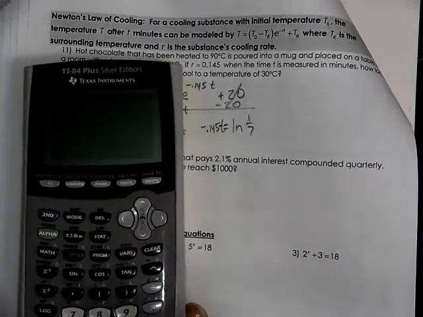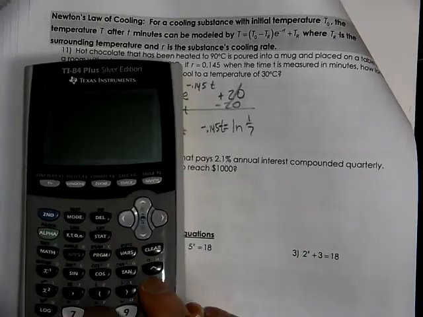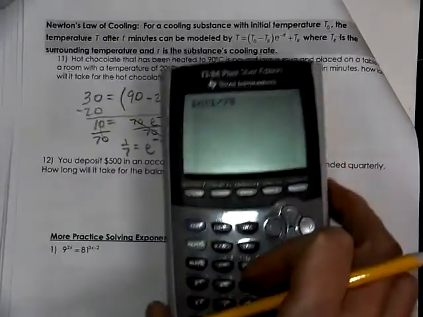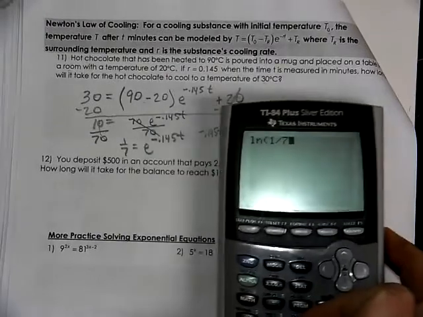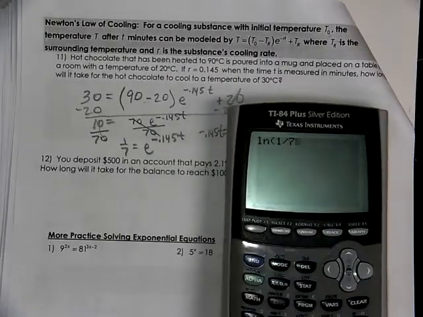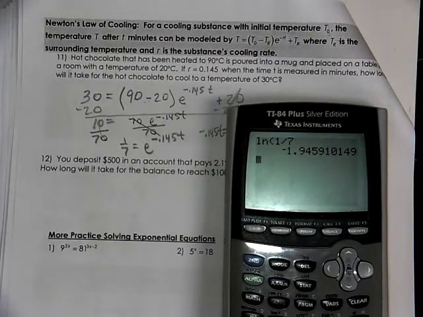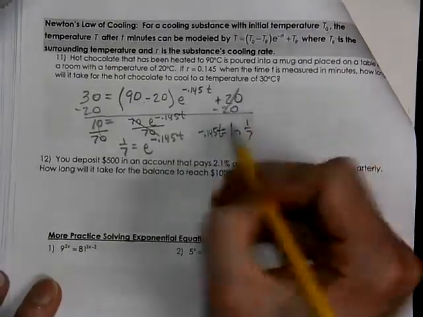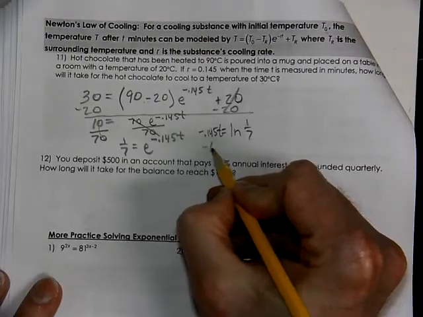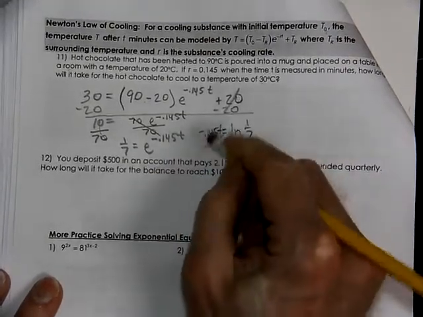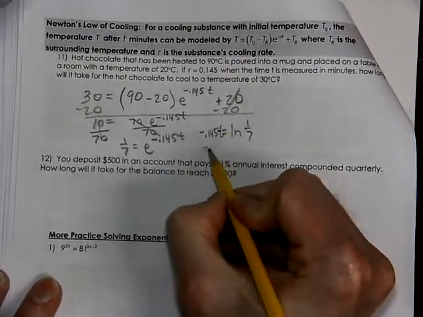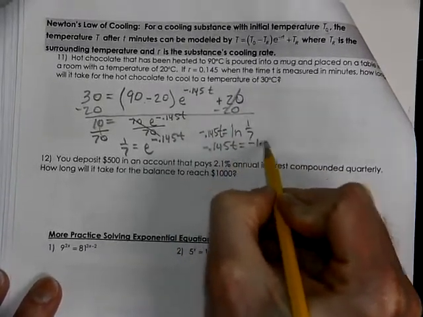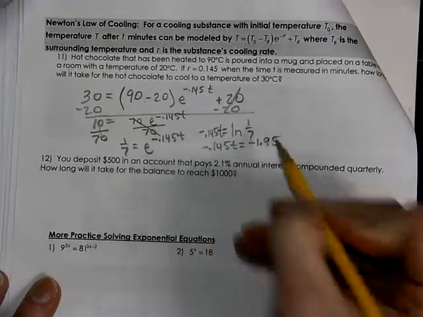So using our calculator, natural log of 1 divided by 7 is going to come out to be negative 1.95. Negative 1.95.